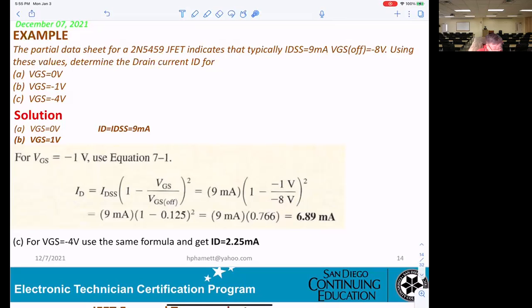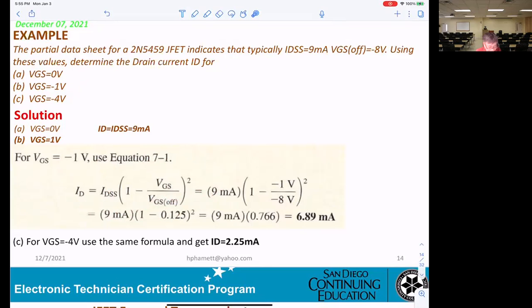And now, number B, they give VGS equals minus 1 volt. In order to calculate the ID, you have to use this formula. You already know IDSS. You already know VGS, they gave you minus 1 volt. VGS off is given as minus 8 volt.